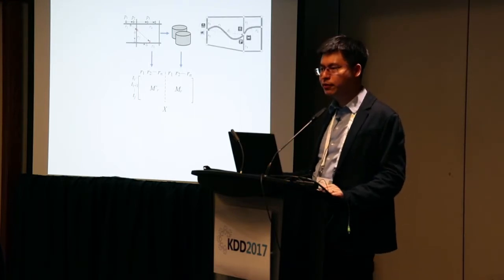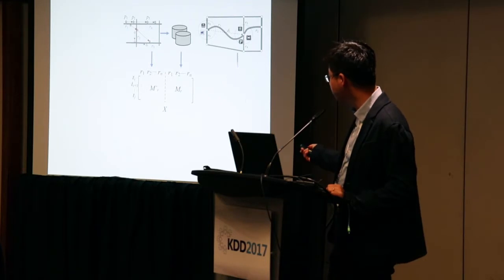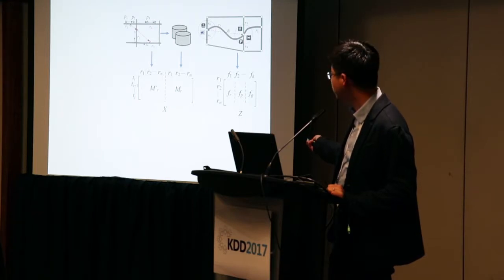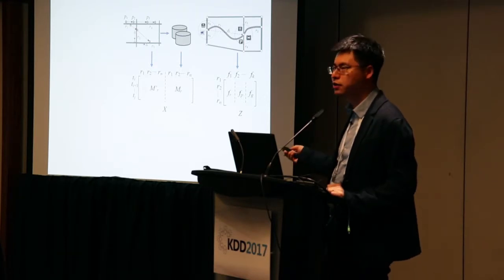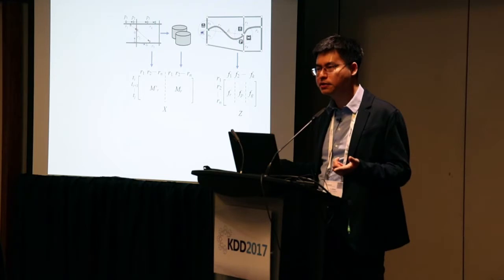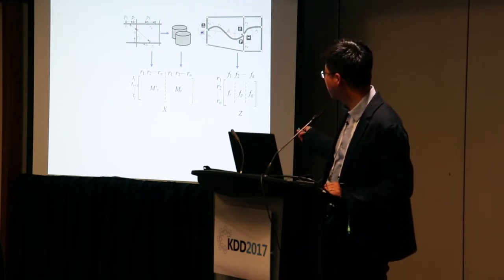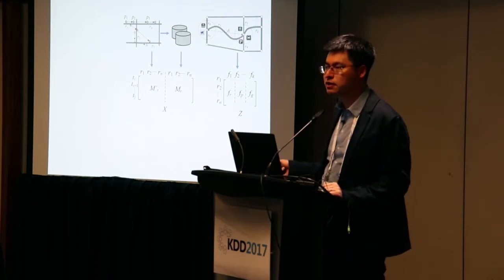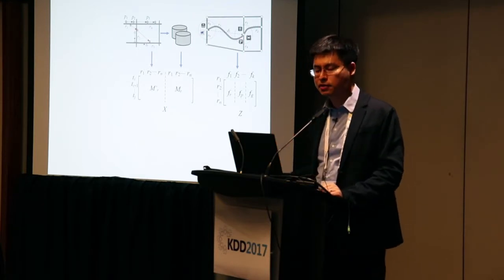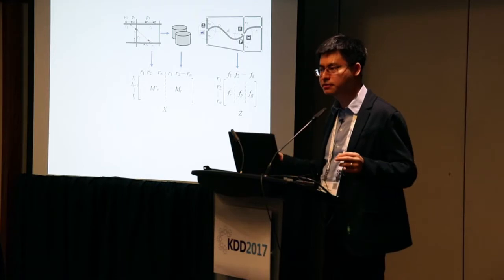And also we have built another matrix where each row stands for one road segment, and each column denotes one feature. The feature means geographic feature, for example, the number of lanes and travel speed constraint, or the distribution of POIs around this road segment. All this information describes the geographic property of the road segments.